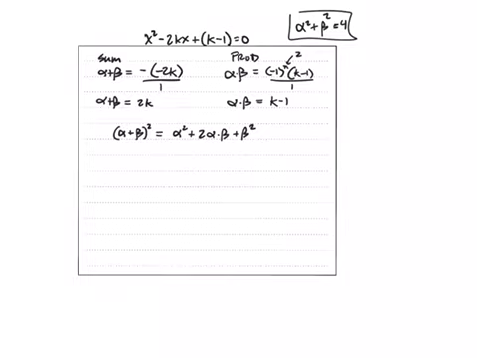All right, so you can see that alpha squared plus beta squared is going to be our hint here. And 2 alpha beta is 2 of those. And of course, alpha plus beta is 2k.